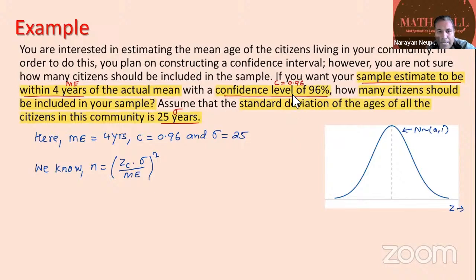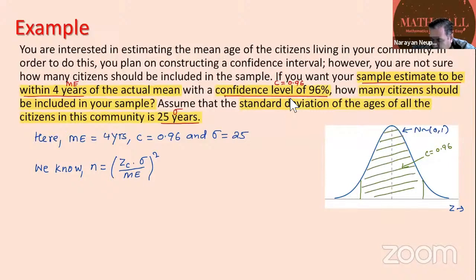We are talking about the 96% confidence level, so the middle area is 96%. This is C equal to 0.96, and you can label that.